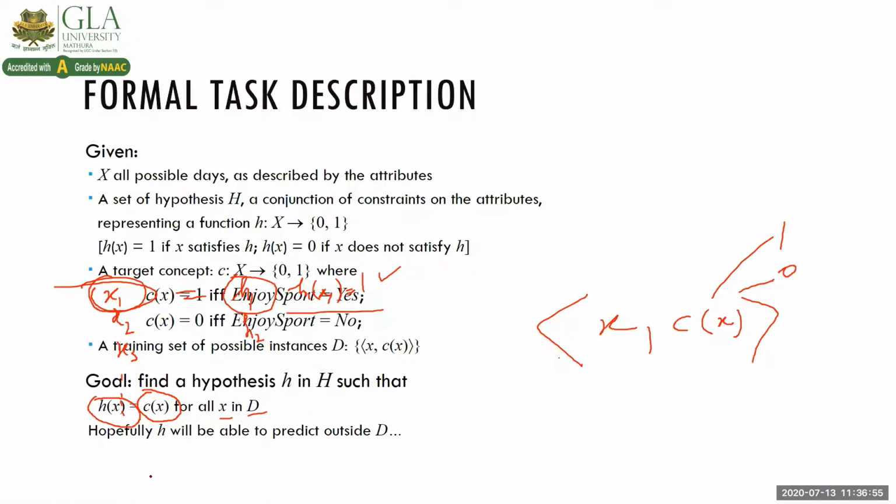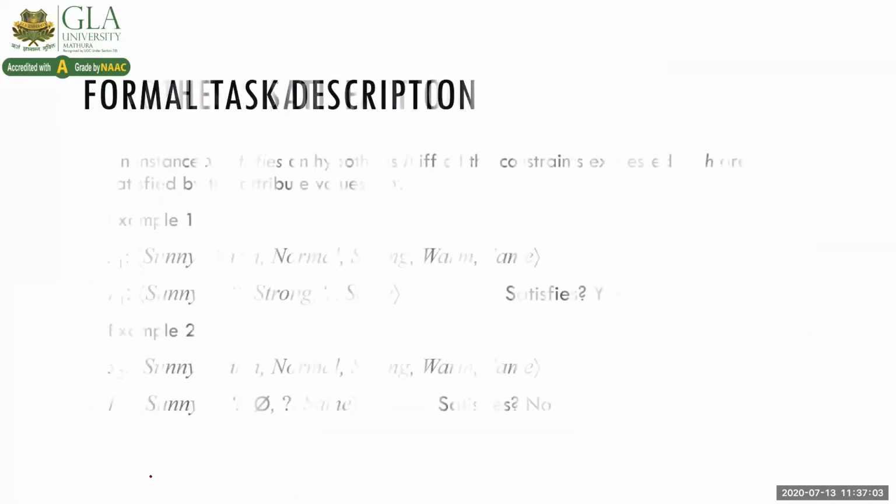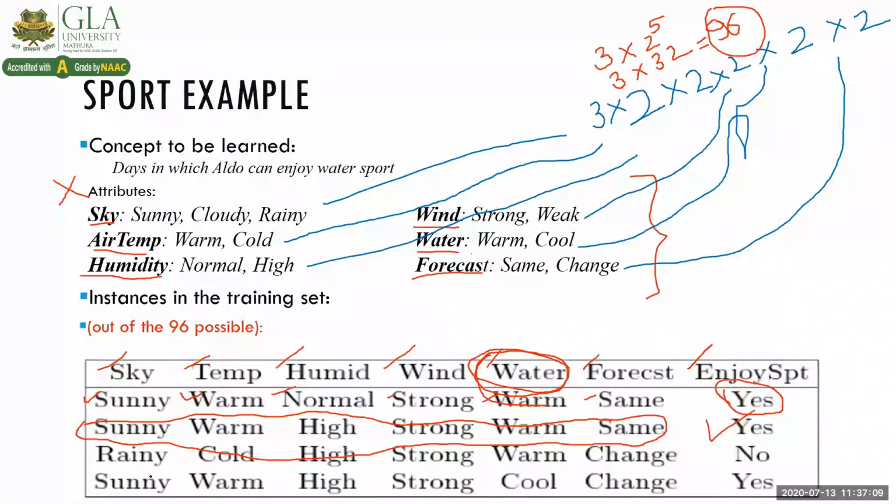So this is somewhat theoretical or conceptual, in which you have to find out what should be the hypothesis space and what should be the instances. So I'm just repeating this example so that you can understand the main thing: the concept to be learned we have to find out.